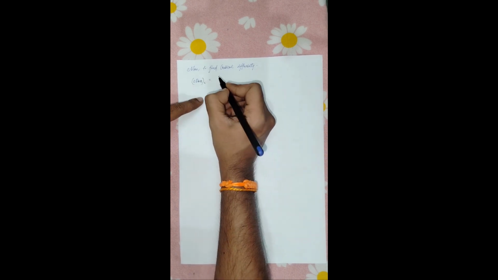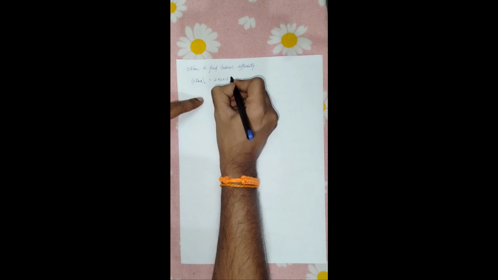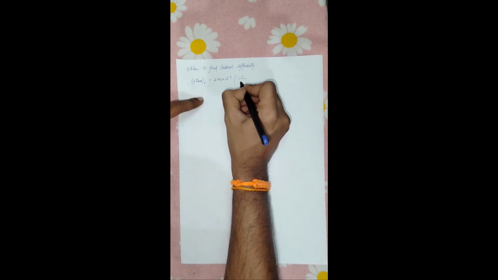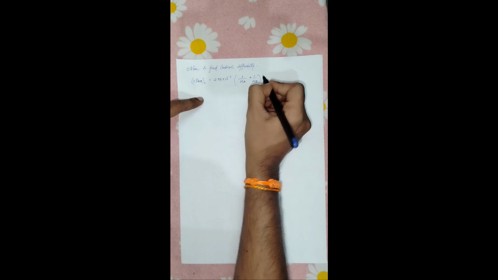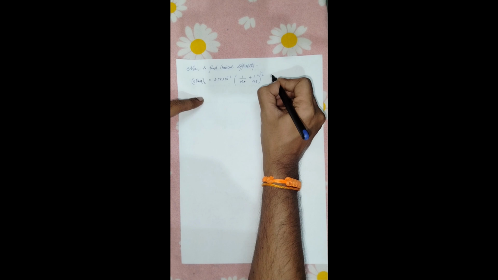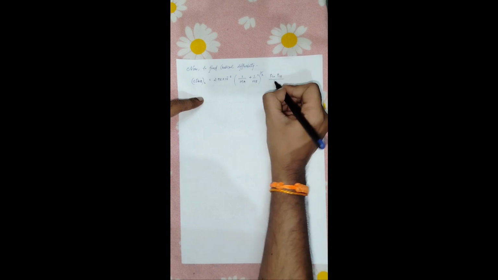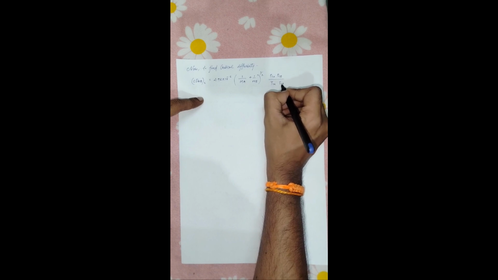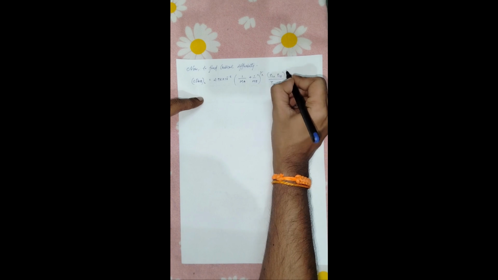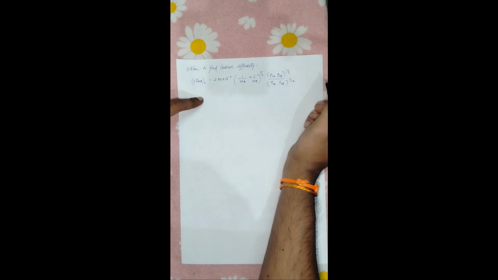So we have this relation: 2.96 into 10 to the power minus 6, 1 upon MA plus 1 upon MB to the power half, and PCA, PCB upon TCA, TCB, this power 1 by 3 and this power 1 by 12.